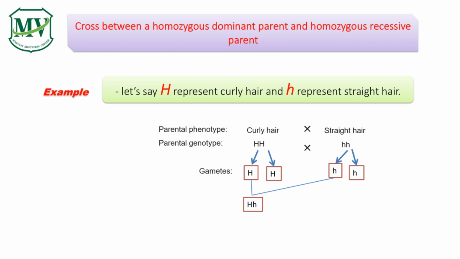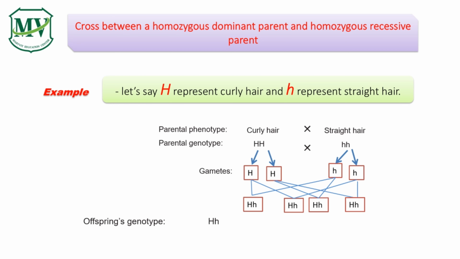As you can see in the diagram, when we cross a homozygous dominant parent and a homozygous recessive parent, we will have four sets of genes which are all heterozygous. In this case, we have a 100% probability that we will have a heterozygous genotype of offspring, and basically the phenotype of all the possible offspring will be curly hair.